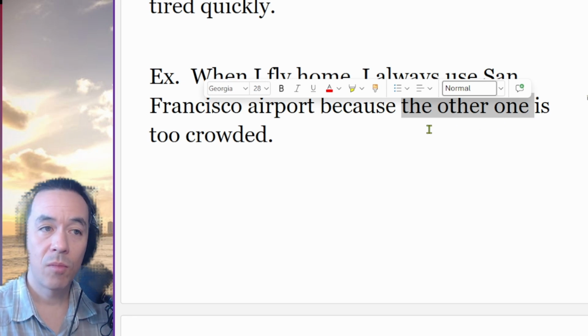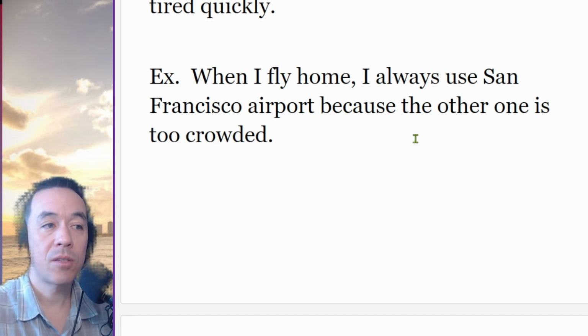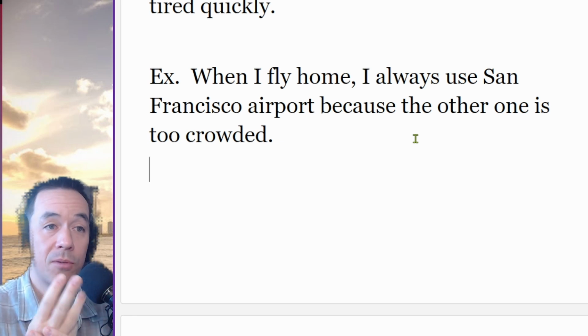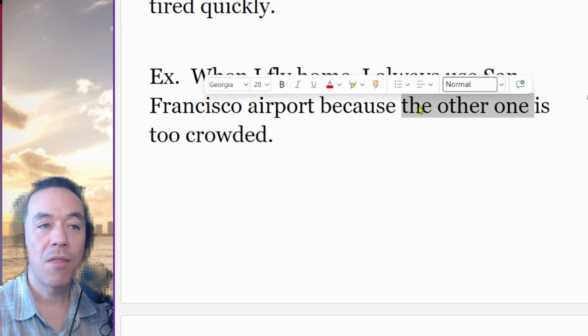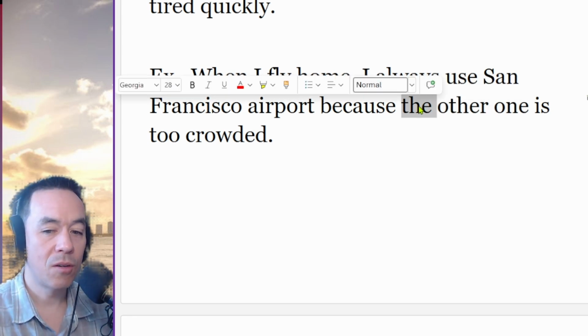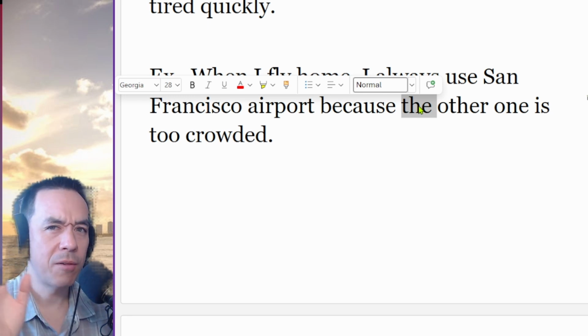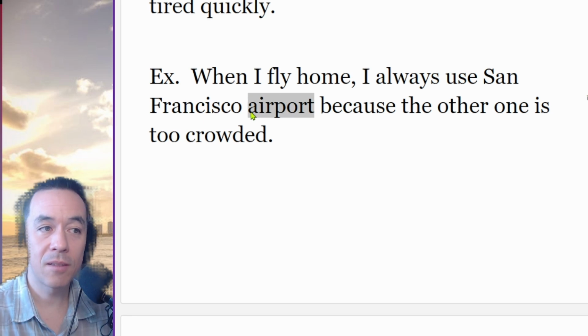San Francisco is a big area, so there are actually 3 airports. But in this case, it means, you know, the other one. I don't have to introduce it to you. So this is where it gets case by case.